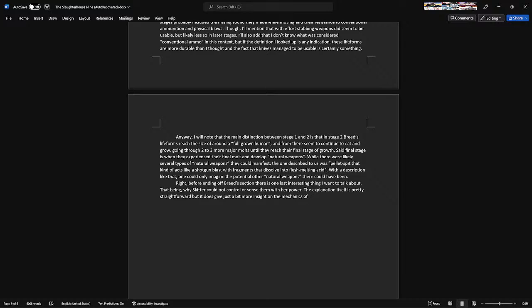The explanation itself is pretty straightforward, but it does give just a bit more insight on the mechanics of how powers are formed.